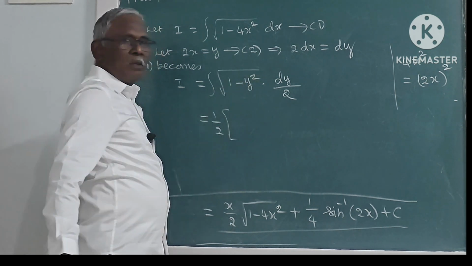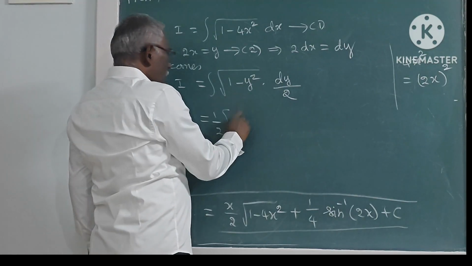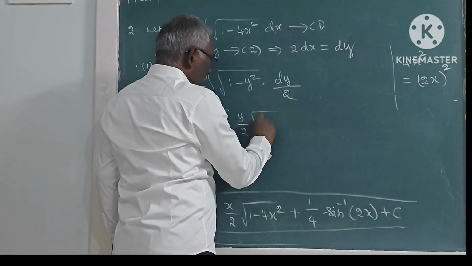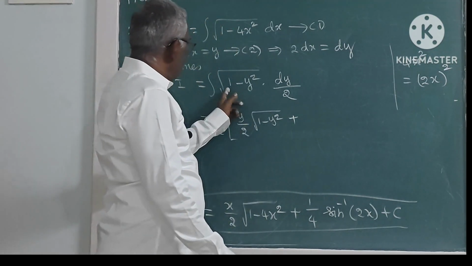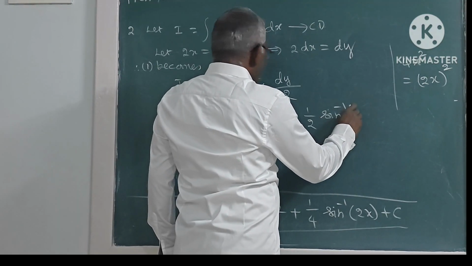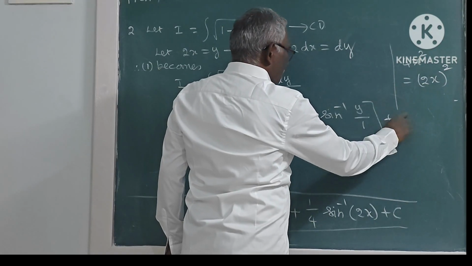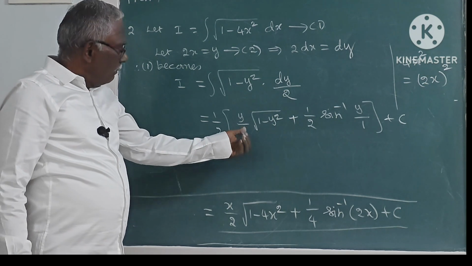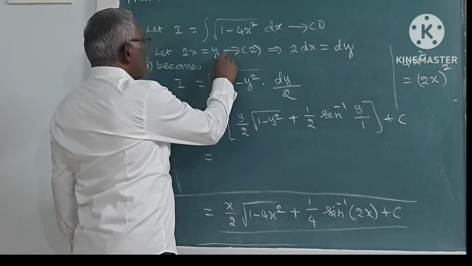Now this is in the formula form, integral square root of a square minus x square. Then x by 2, that is y by 2, square root of 1 minus y square, plus a square by 2, which is 1 by 2, sine inverse of y by a, where a is 1, plus constant. Now we have to replace y in terms of x. Y is 2x.